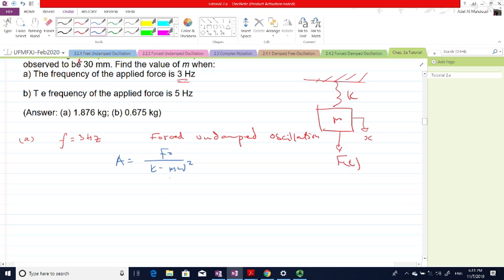The amplitude is 30 millimeter. So we multiply in here, we divide in here, then what we'll get? F naught divided by A equals K minus M omega squared. We'll be having something like this, right? So we need to bring M in here.